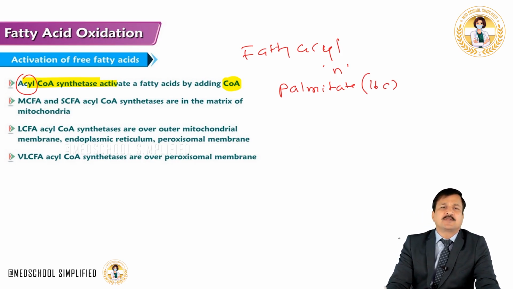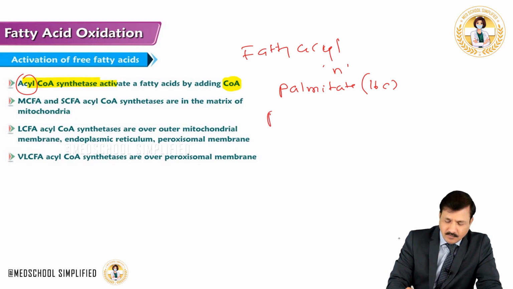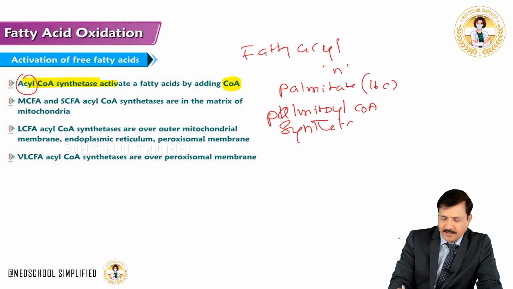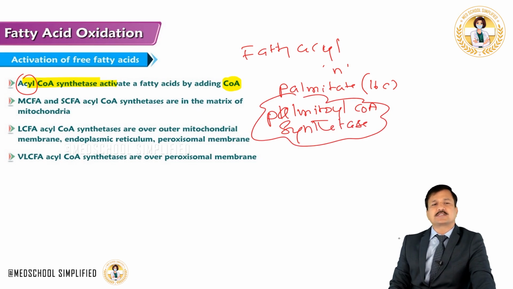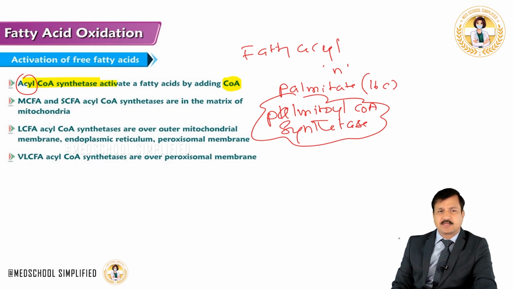What is the enzyme that activates palmitic acid? The enzyme is palmityl-CoA synthetase, because the fatty acid that is activated is palmitic acid. That's why the name of the enzyme is palmityl-CoA synthetase. This is a specific enzyme like that.